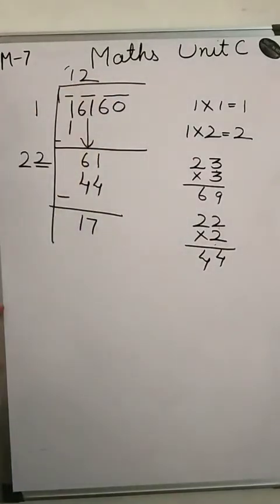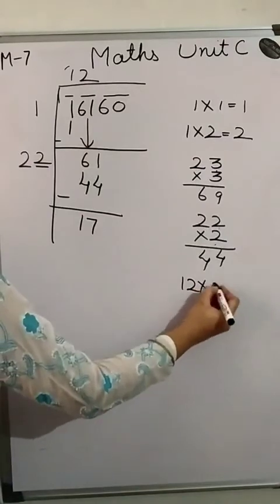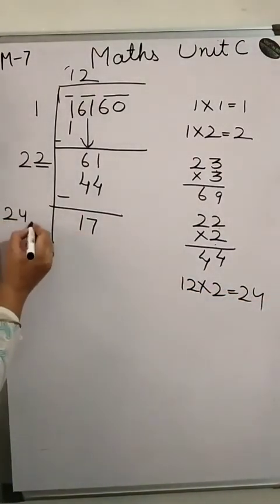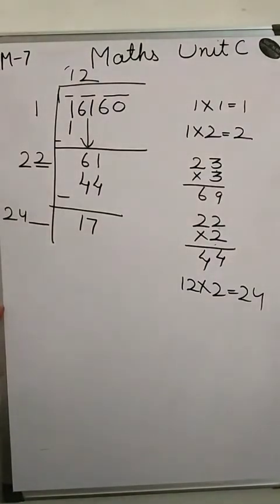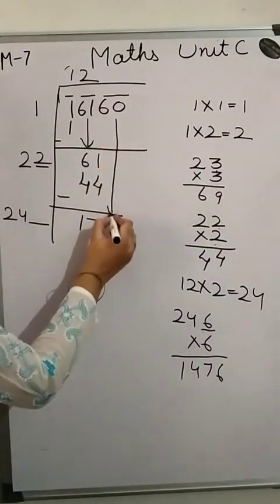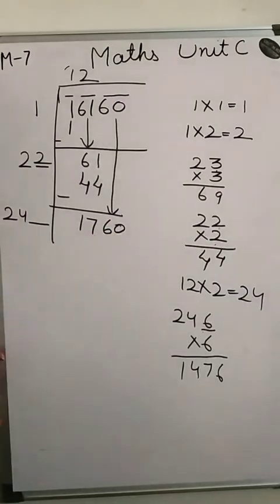Now what do you do next? Double this number. 12 multiplied by 2 is 24. Double this number and write it down here. Now again you fill a number here. After this you bring down the next pair here, and it is 16.